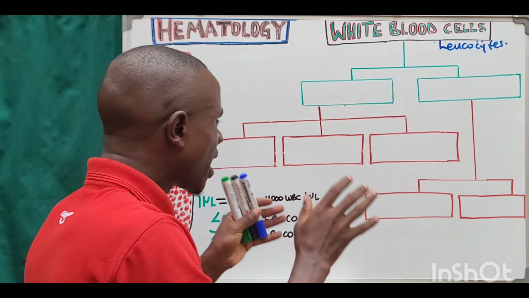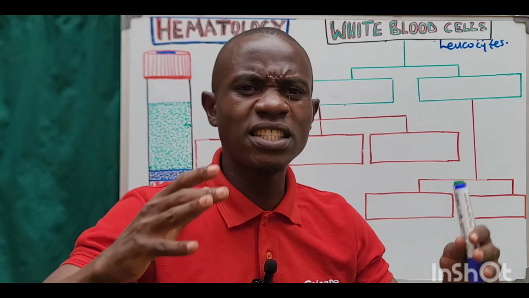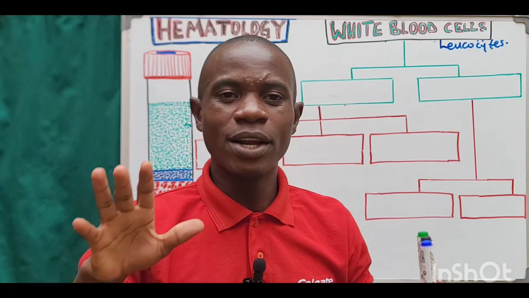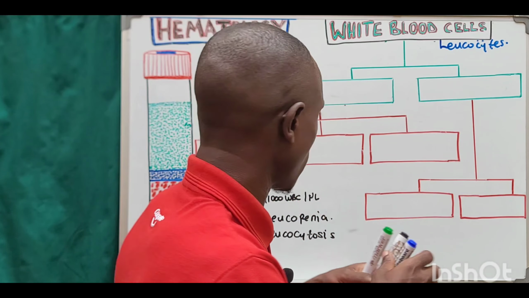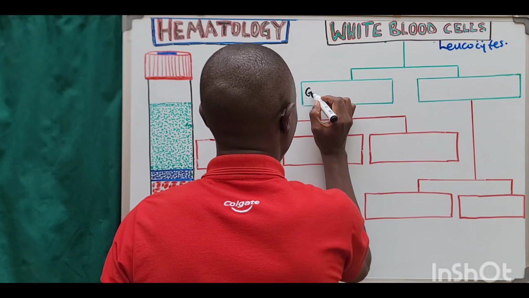Now, those white blood cells that have visible specific granules are categorized under what we call granulocytes.